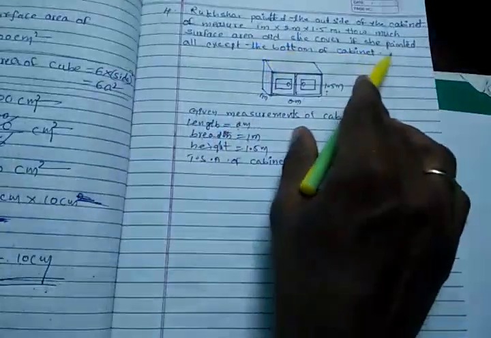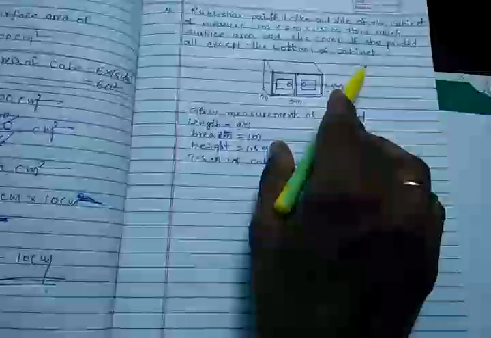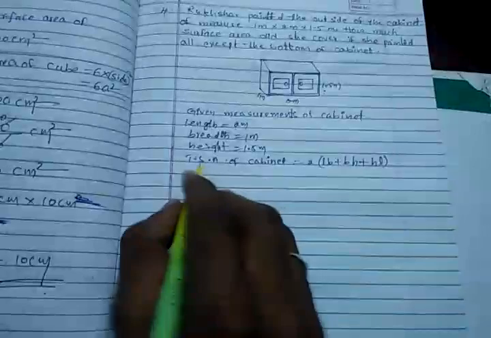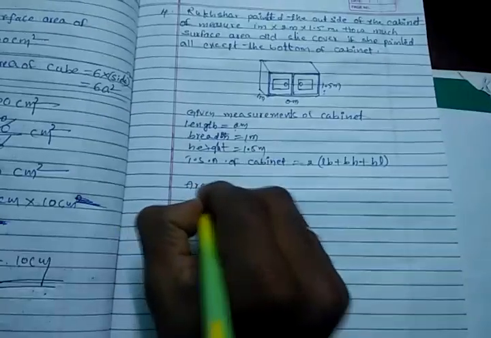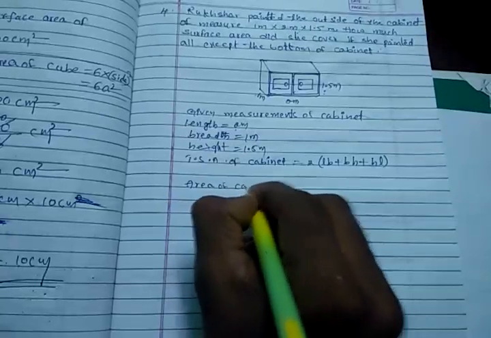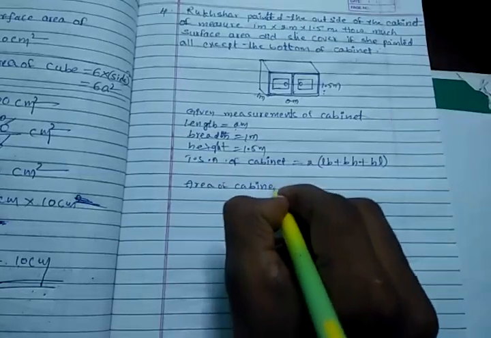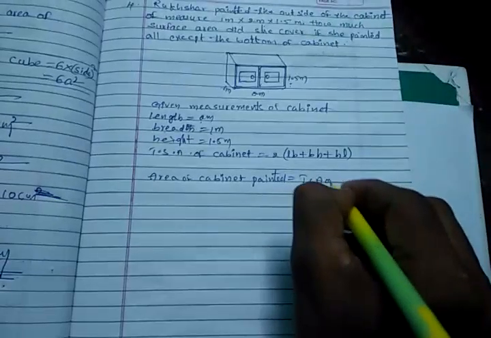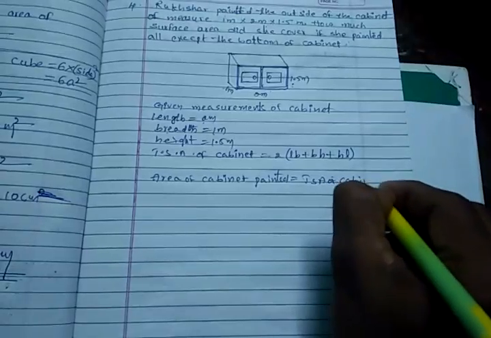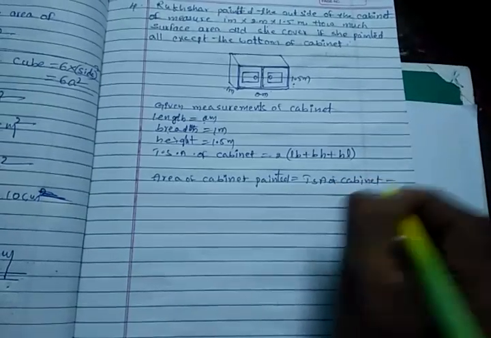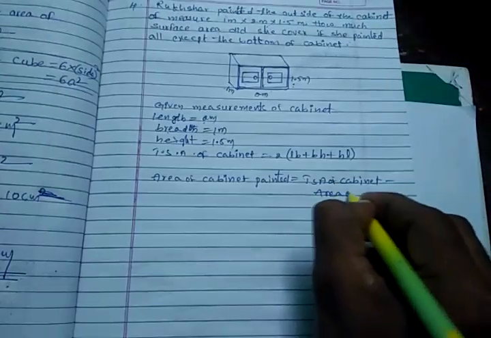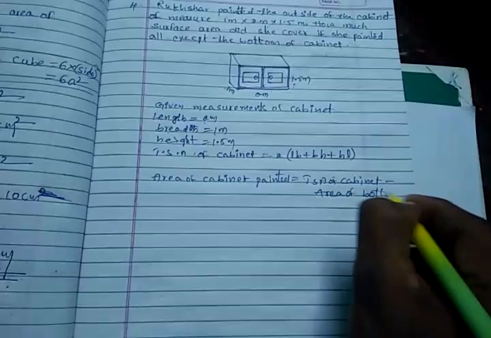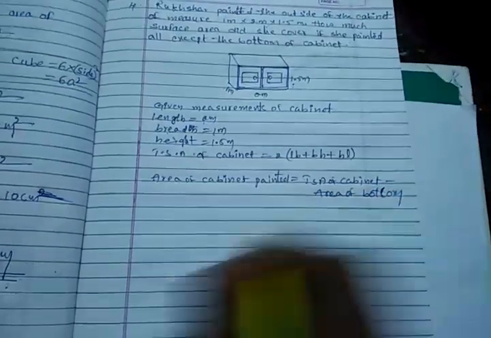How much surface area did she cover if she painted everything except the bottom? So area painted is equal to TSA of cabinet minus area of bottom.